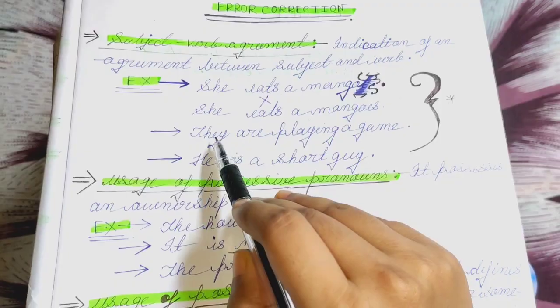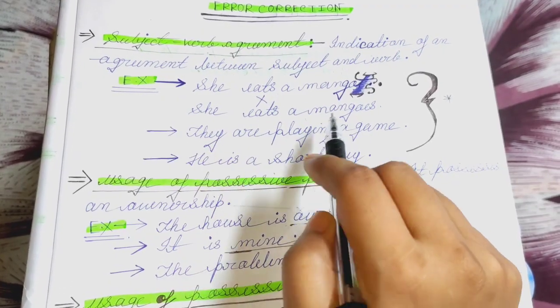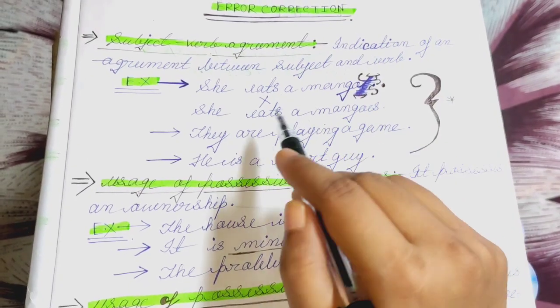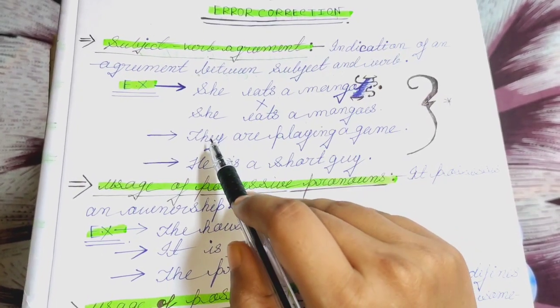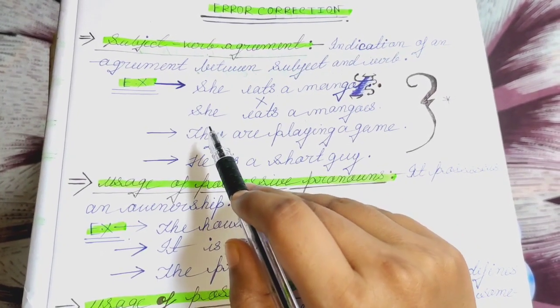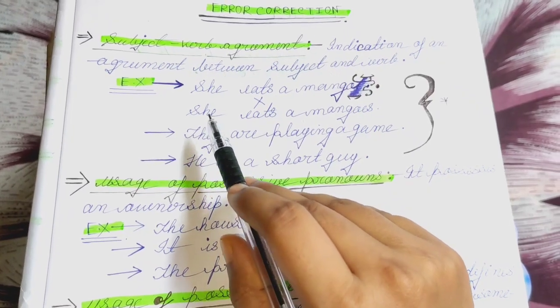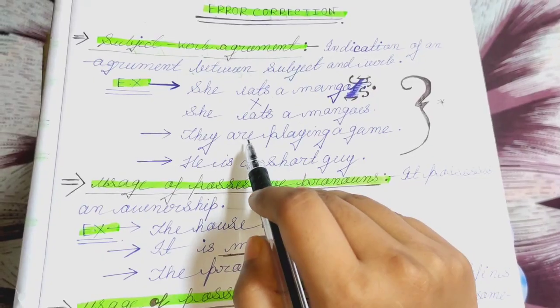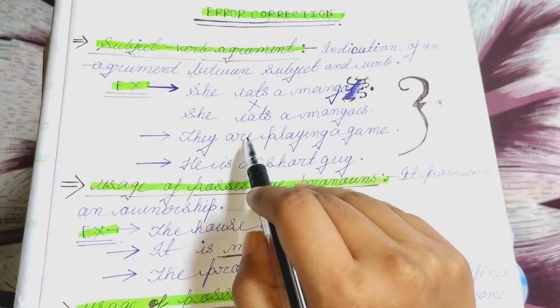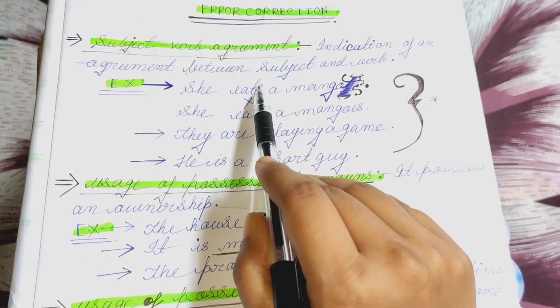That is why it's known as subject-verb agreement. If we take another example like this one, they are playing a game. But here you can see that we have written are this time because they is a plural form, and we all know that in plural form we write are instead of is.